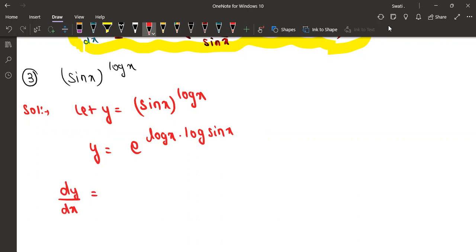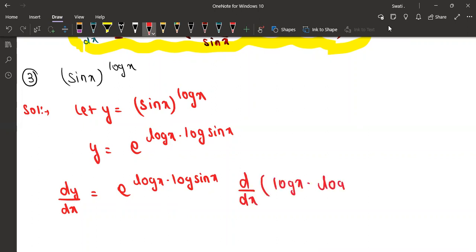Derivative of exponential function as it is, so e raised to log x dot log sine x. If you observe it properly, you can see that the same thing is happening again and again. It's just the question that is changing, but the formula and the way of solving the questions are similar only. And now by using the chain rule, we have to do the derivative of this log x times log sine x, right?